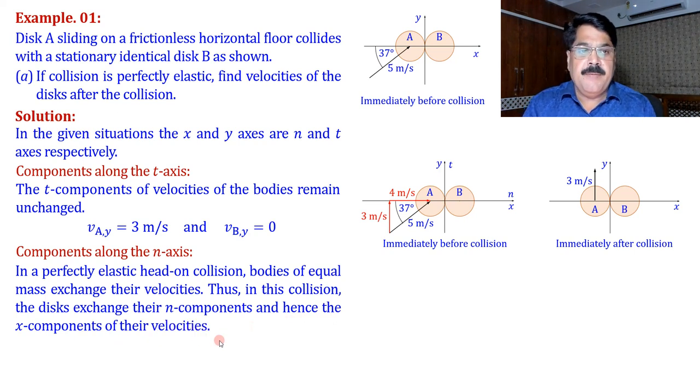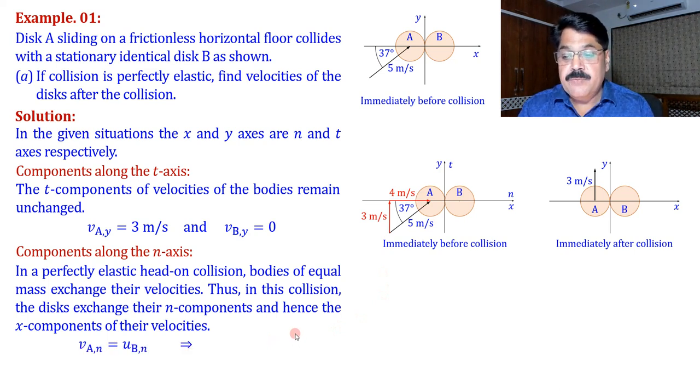So by this idea, what can we write? The n component of velocity of disc A will be 0 because earlier it was 0 for B. And the n component of disc B will be 4 because it was 4 for A. So here we can write the n component result directly. VAN is equal to UBN. It means VAN, or VAX, is 0.